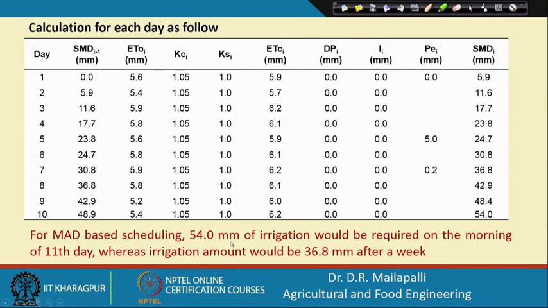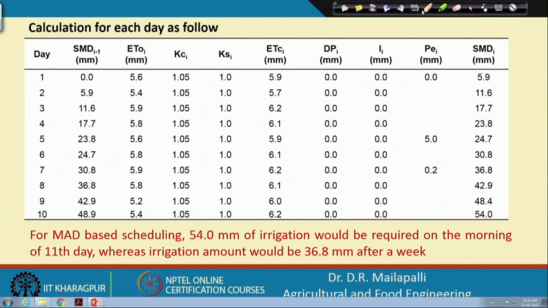This table will show the whole calculations, remember. There are 10 days, I said a 10 day period. On day 1 the soil moisture difference is 0, and ET0 is given.